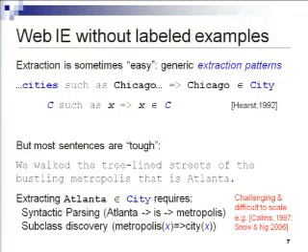Okay, so given the challenges I outlined, you might wonder, is this web information extraction possible? It turns out that it is, and the key is to utilize what I'll call generic extraction patterns. So this is an example, right?